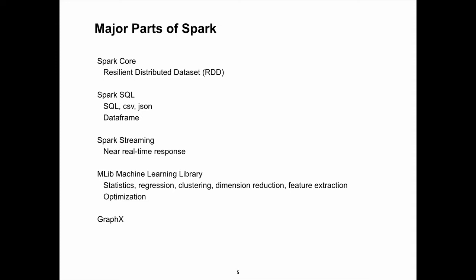There's also Spark Streaming, so if you have a continual stream of data you want to analyze, you then use Spark Streaming. And then there's a machine learning library. So we can do machine learning, we can do clustering, we can do deep learning, all kinds of things. We can do it in Spark. And there's GraphX for analyzing graphs, right? If you've got network topology, like in a social network where you have all these connections and you want to analyze that graph, GraphX provides support for that.